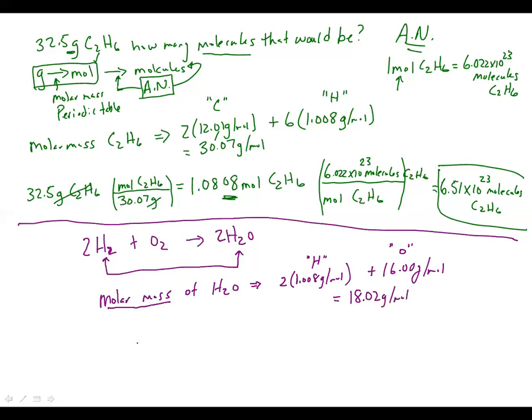Now, when people see the formula and the equation, and they go to do molar mass, they always want to use this number in place. So they'll sometimes do 18.02 times 2 because it's there, and get 36-ish.